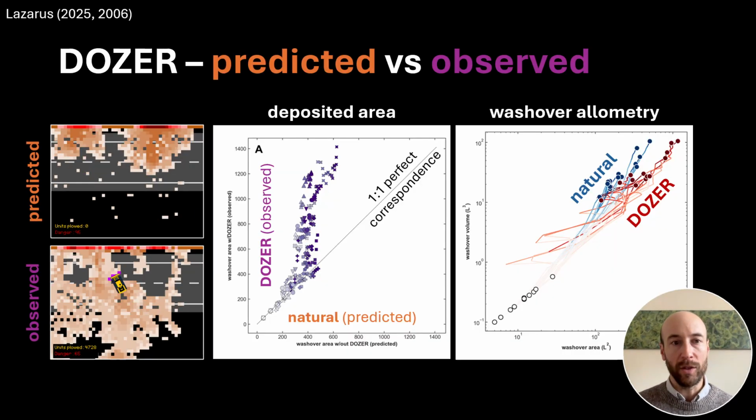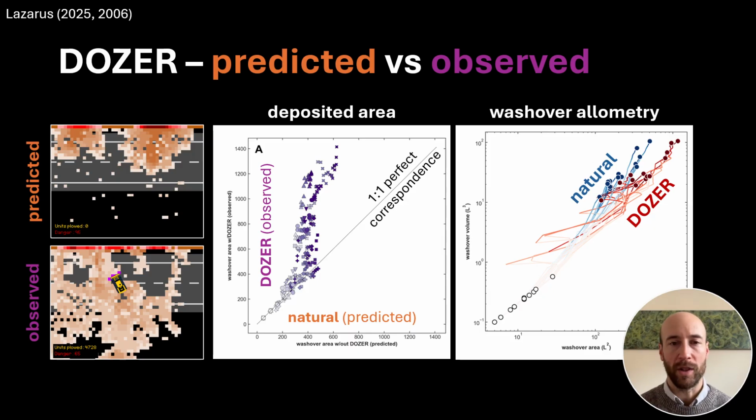What's useful about that is that you can pull out quantitative analytics. You can look at divergence between what you'd predict from the natural condition up at the top left versus what you observe in the real condition, which is what you play. That's at the bottom. So you get this divergence from perfect correspondence. And you can track things like washover expression through time.